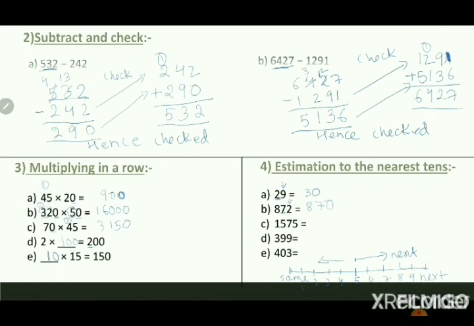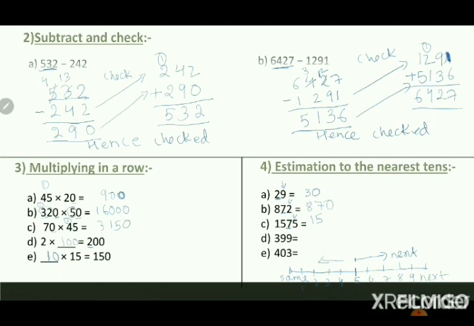Next one, 1575. So the tens place is this. We are going to see the next number. Which is the next number? The next number is 5. Now the previous numbers remain unchanged, we know. Only this is the place where the change is going to happen, 75. So now 5, according to the rule, we know if it is 5 or greater, then it will go to the next tens.